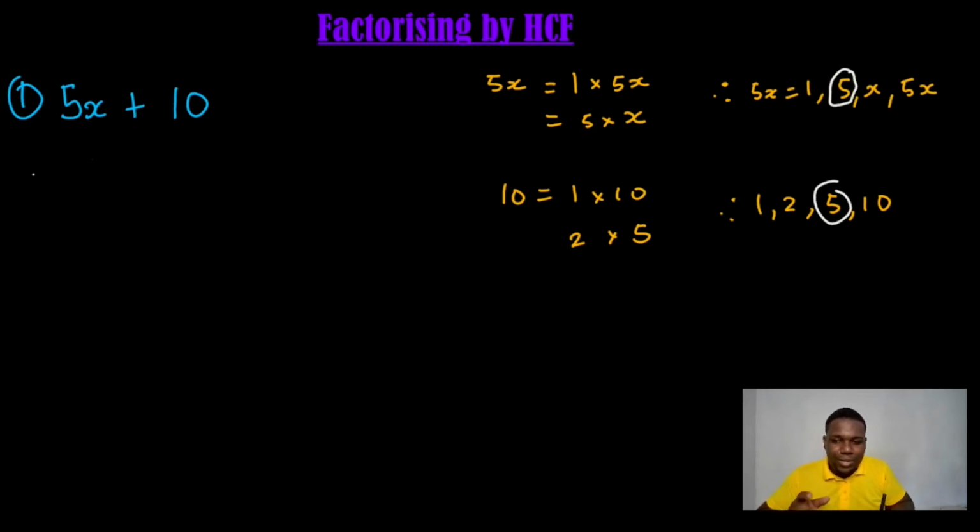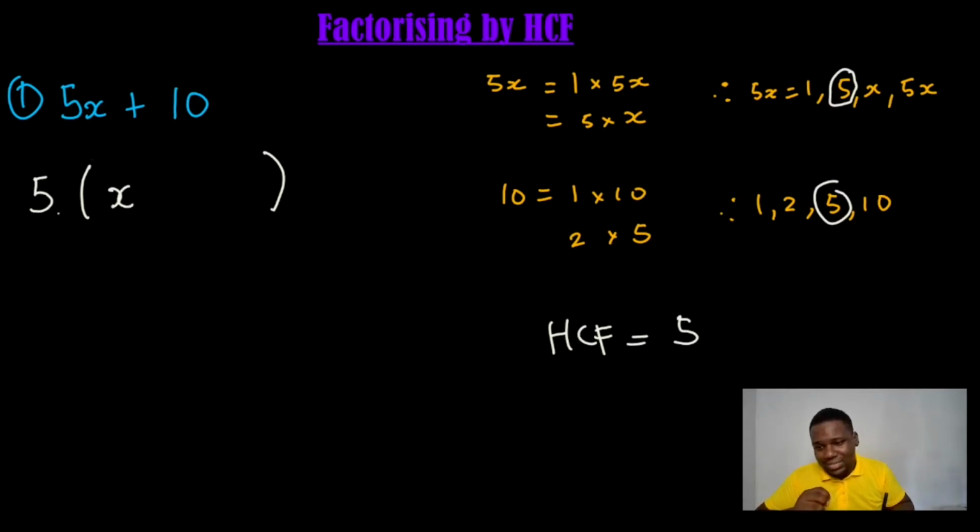Therefore, we're going to put that outside of the bracket. So put our 5 outside of the bracket and we'll put a bracket there. We're going to divide the 5x by 5. So 5 into 5x will leave positive x, and 5 into positive 10 would give us a positive 2. Therefore, our answer would be 5 bracket x plus 2.